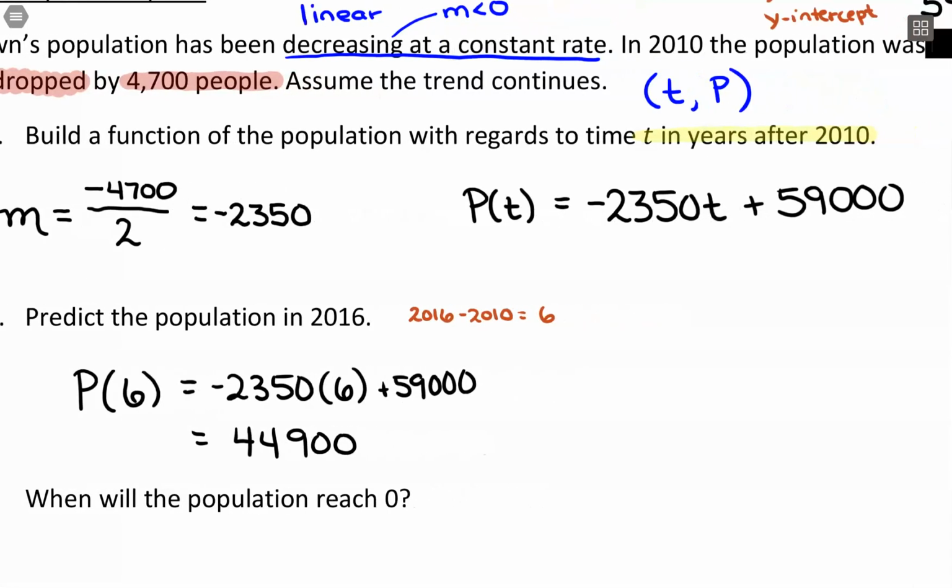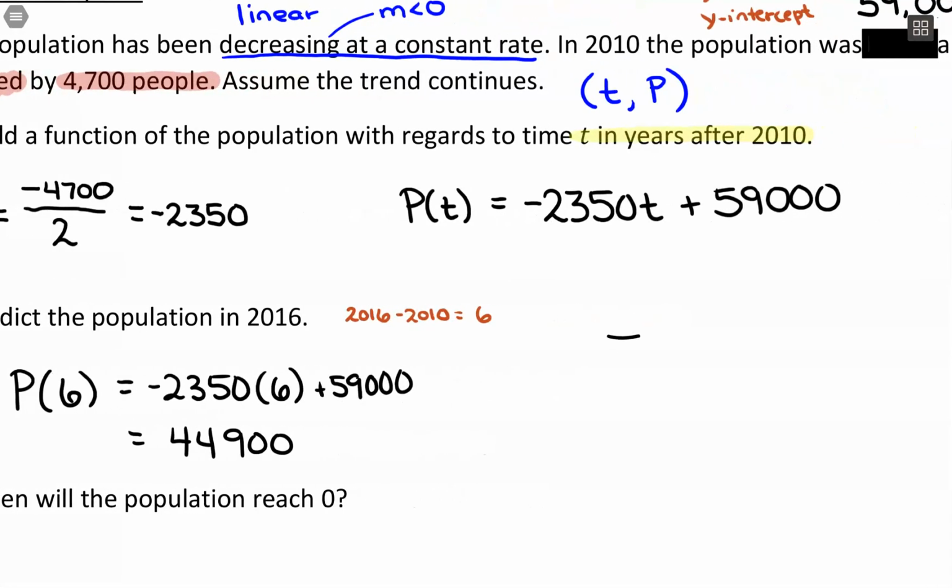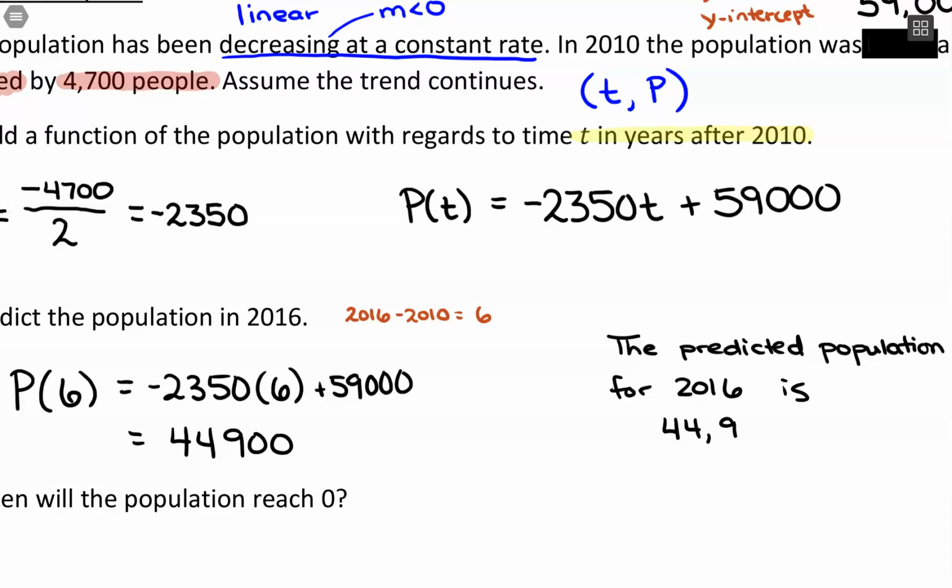And then we make our sentence answer. So the predicted population for 2016 is 44,900 people.